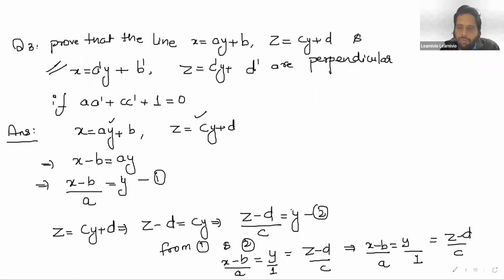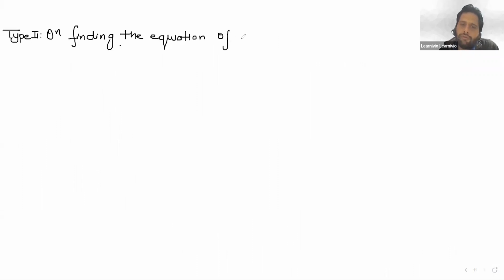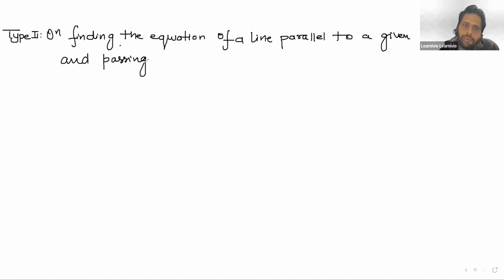Now next one, type 2, which is on finding the equation of a line parallel to a given line and passing through a point.